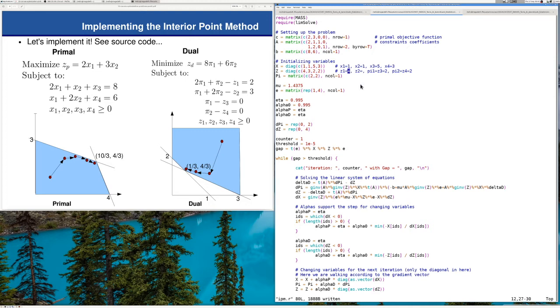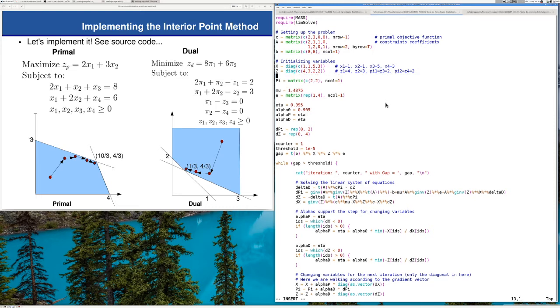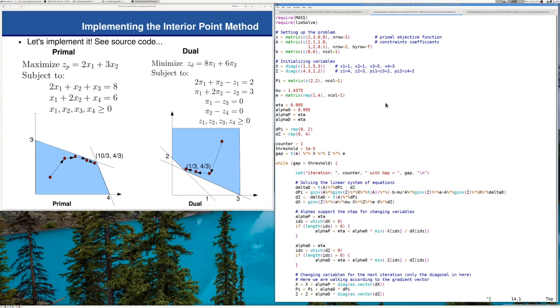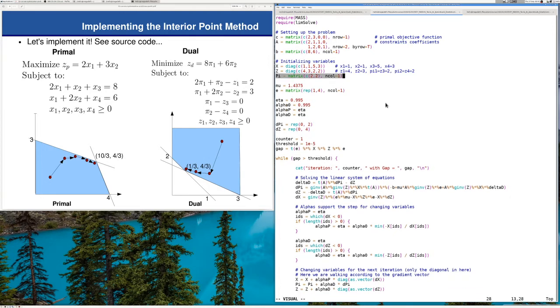If my constraints are not satisfied, I cannot proceed. For z2, take a look: 2 plus 2 times 2 is going to be 6 again. 6 minus 3 is going to be equal to 3. That's why I've got 3 here, okay? Quite easy.